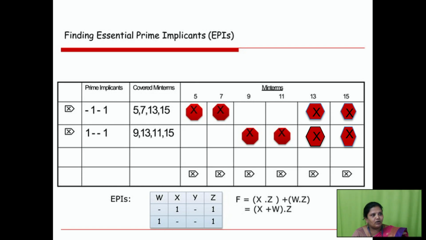So X dot Z. The next term, 1 dash dash 1: W and Z will have ones, so we have W dot Z. So here we take common out as Z, X plus W into Z. This is the final answer for your Quine-McCluskey method, and these are the essential prime implicants also.